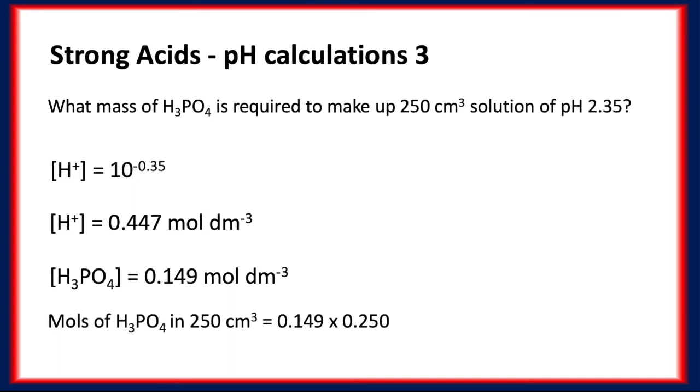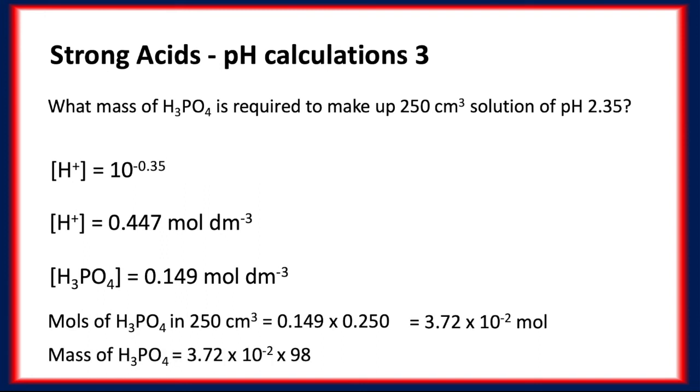Having done that, we find our moles of phosphoric acid in 250 centimeters cubed by multiplying our concentration by 0.25, because we've converted 250 centimeters cubed into 0.25 decimeters cubed. Finally, we multiply that number by the molar mass of phosphoric acid, which is 98, to give us our mass of 3.65 grams.